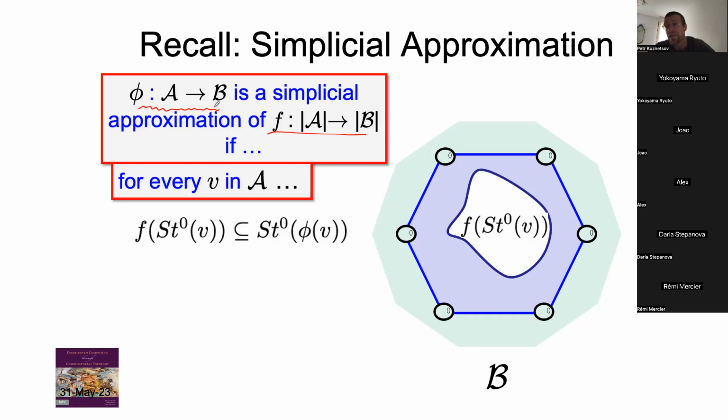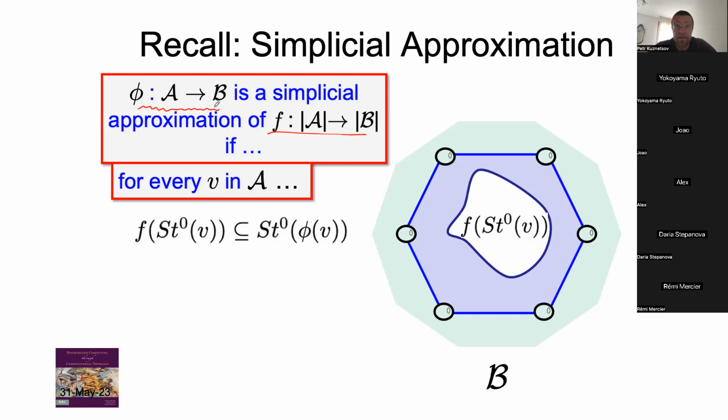But since it's simplicial, it can also be seen as mapping simplices to simplices. You feed phi a set of vertices which constitute a simplex in A, and the image of this set of vertices is a simplex in B. Technically, I should write phi from vertices of A to vertices of B, a simplicial map. This is how I write it.